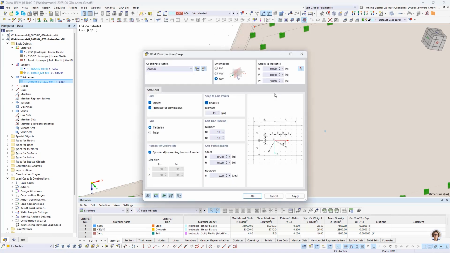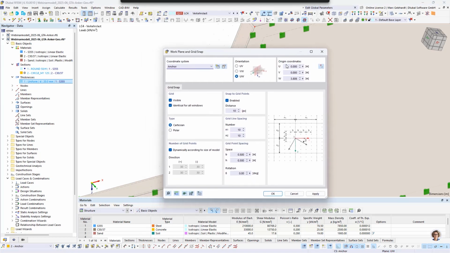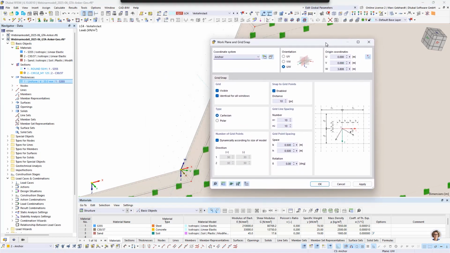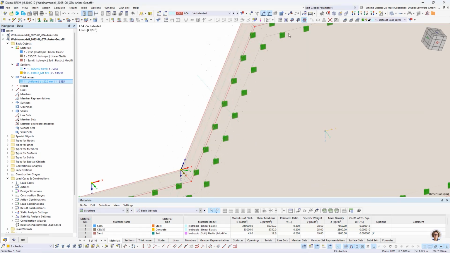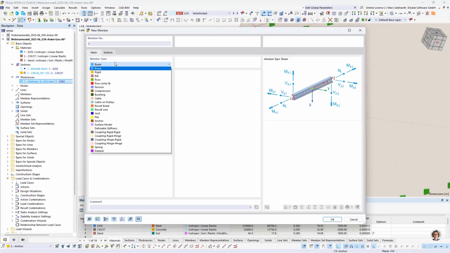So we change the position by 0.5 meters, to the middle of the plate, and minus 10 millimeters. So we can model a surface contact.